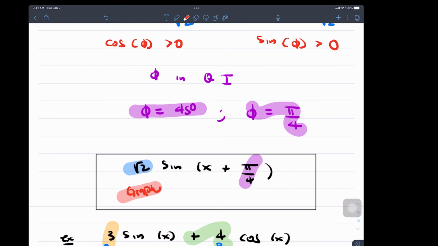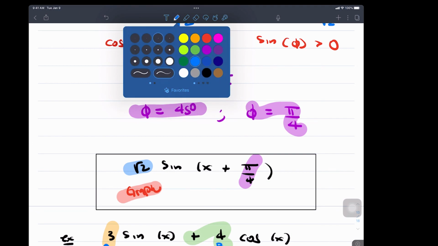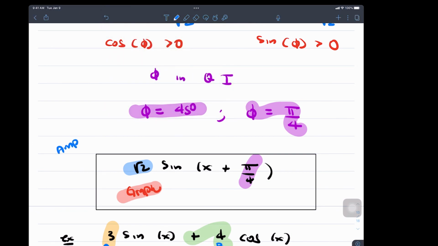Square root of 2. What's the period? 2 pi over k, which is 1, so 2 pi. What's the interval of one cycle? What's the phase shift? Negative pi over 4. So you guys can get the interval of one cycle.